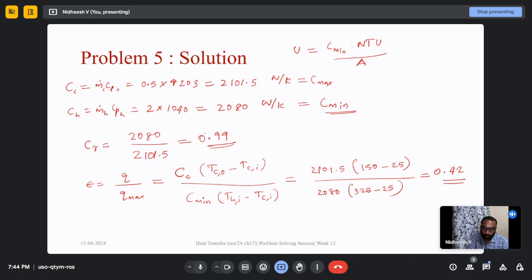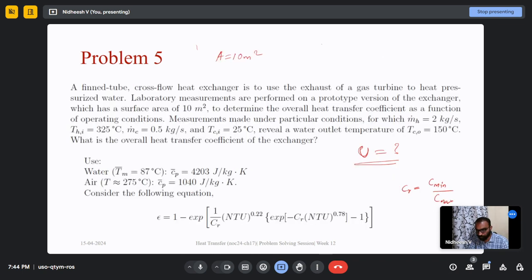So if you substitute for these two values in this expression, we can calculate, because effectiveness is known 0.42 and CR is known 0.99. The only other unknown is NTU, and if you substitute these values in this expression, we can calculate the value for NTU. So let me write down the NTU value directly.